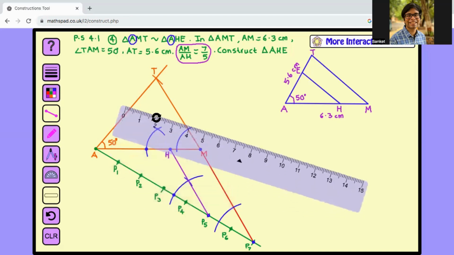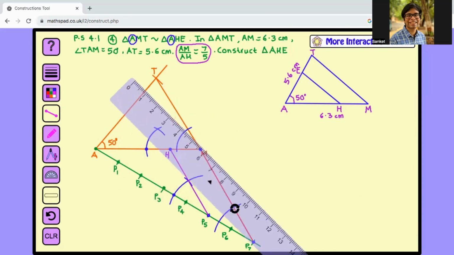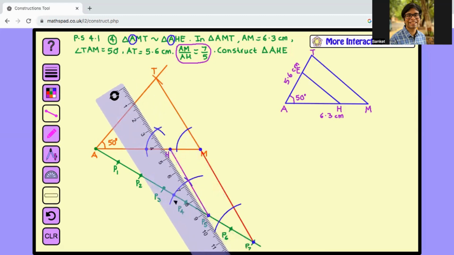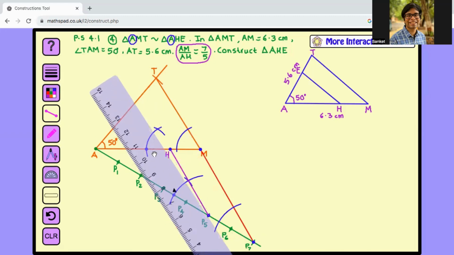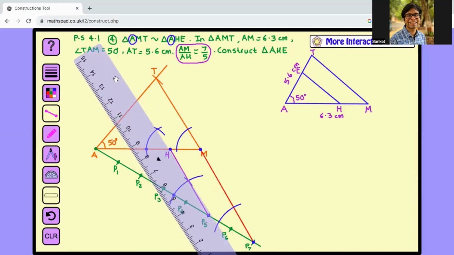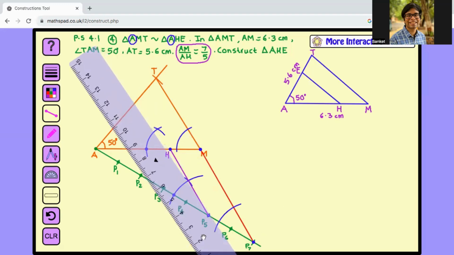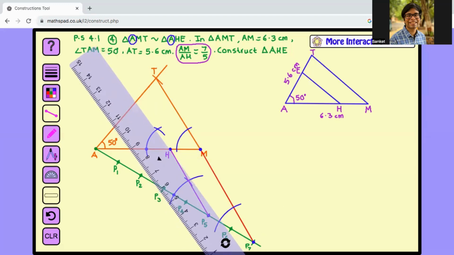I'll use a scale to join. I'm going to join point H and this point using a scale.